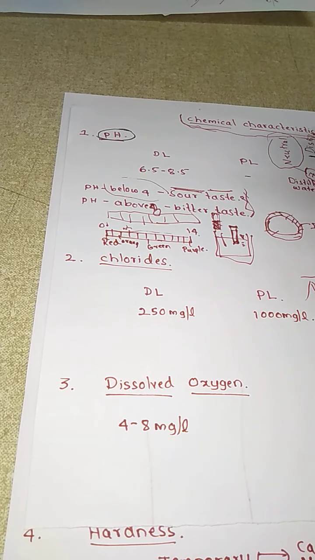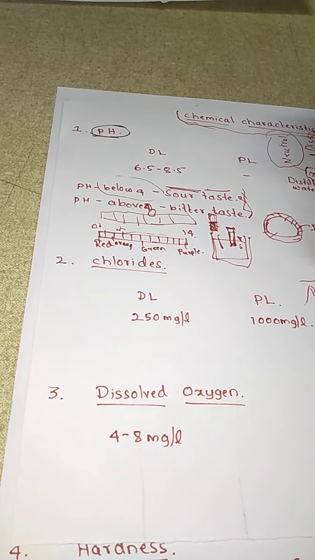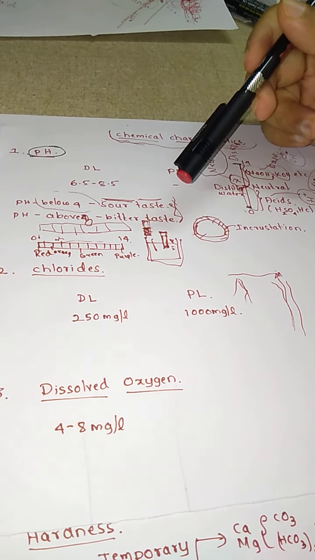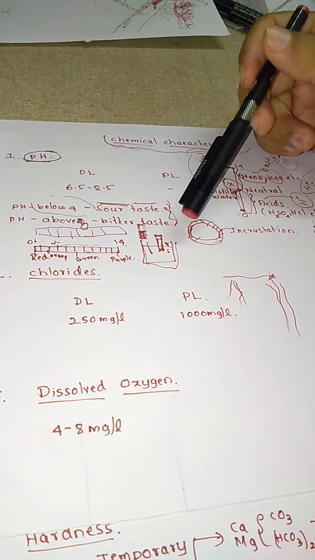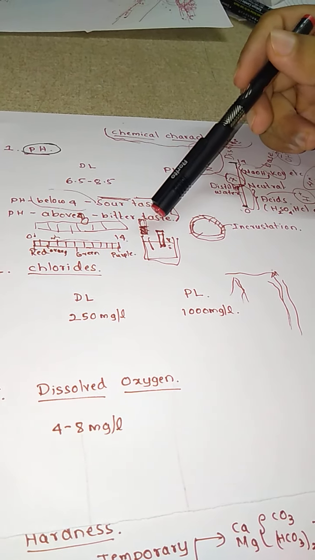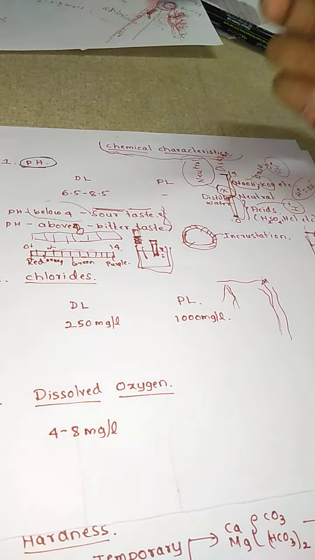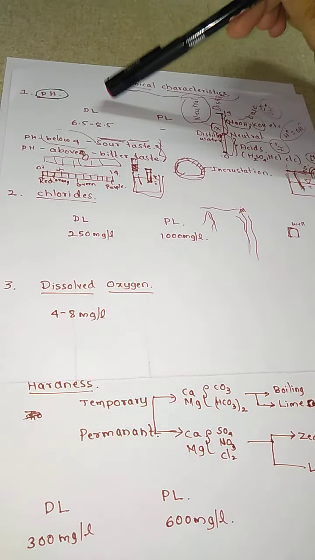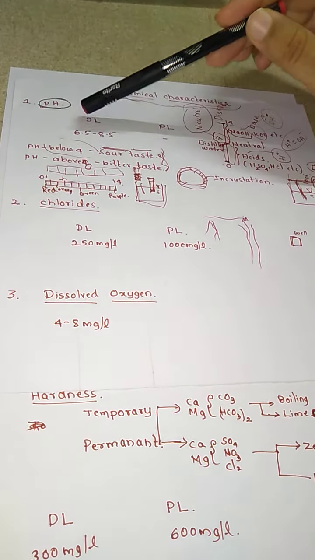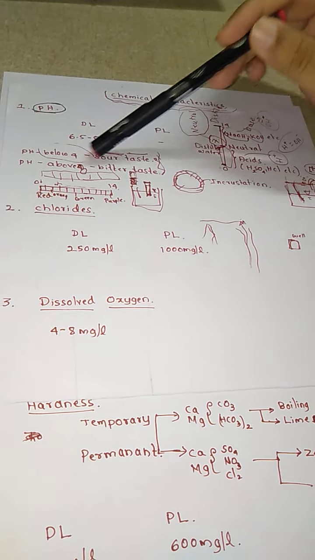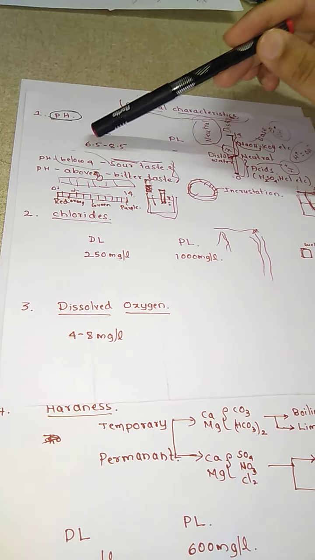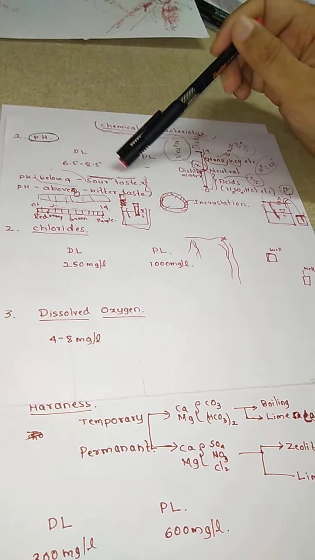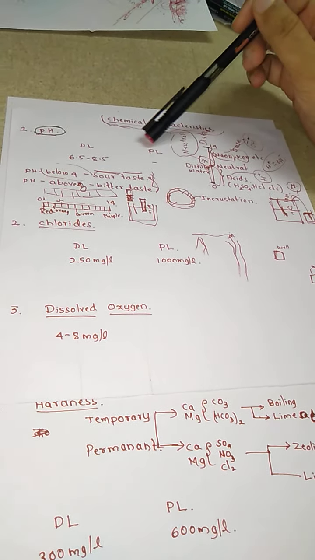There is one more method we perform in the lab, the conductimetric method. We use an electrode, dip it, and it gives us the correct value of the pH. So this is regarding the pH. Now the IS code has given the desirable limit as between 6.5 and 8.5, and has not given any relaxation in terms of the permissible limit.